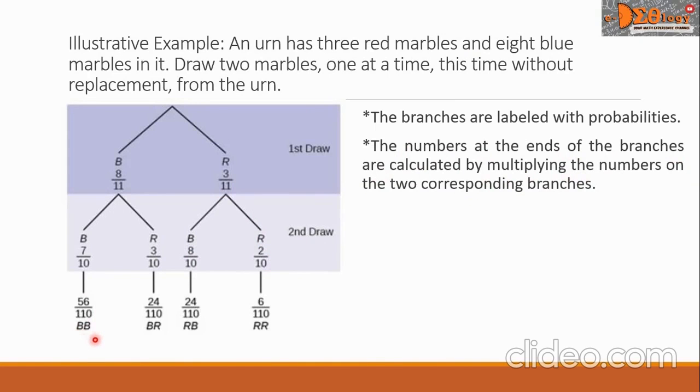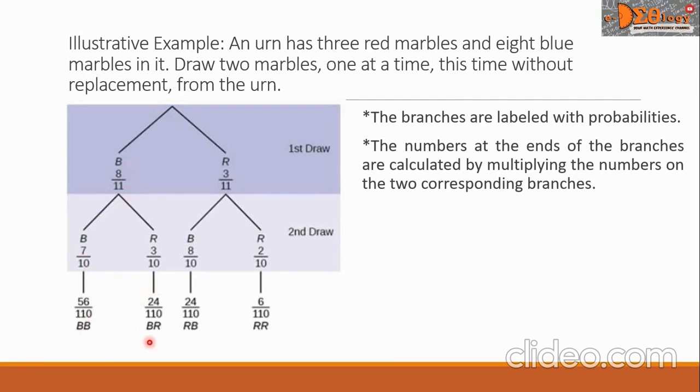This BB means the first marble is a blue one, and the second marble is also blue. The 56 over 110 is the product of 8 over 11 and 7 over 10. So we have 7 times 8 is 56, and 10 times 11 is 110.